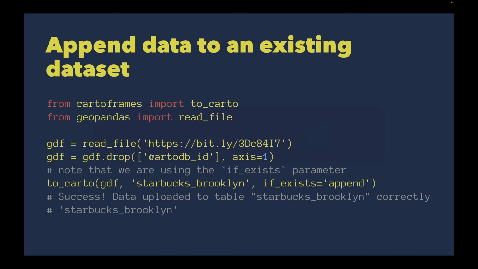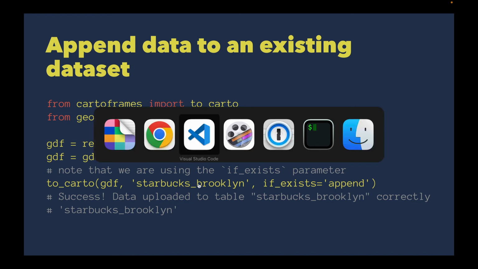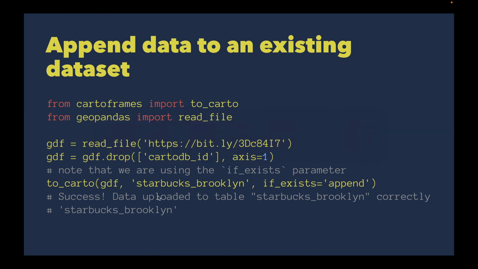Okay. So returning to our presentation here, let's move on and append to this data set. So I'm just going to go ahead and load the same data set and append to it. It would have duplicates, but we're not going to worry about that for this demonstration. We're just going to see that the records should go to 20. So the way we do this is that we have this if_exists parameter, which we set to append.